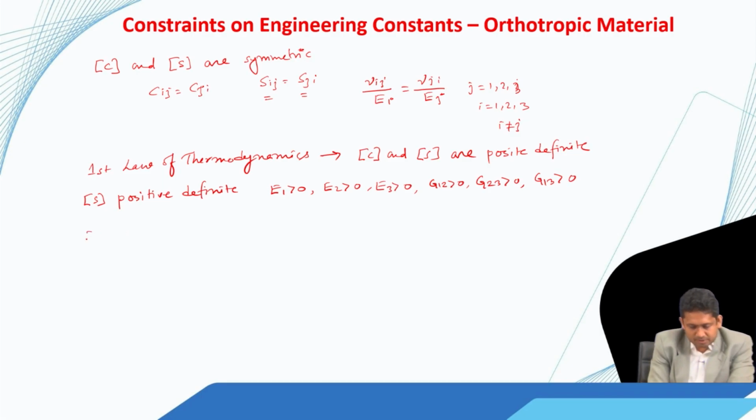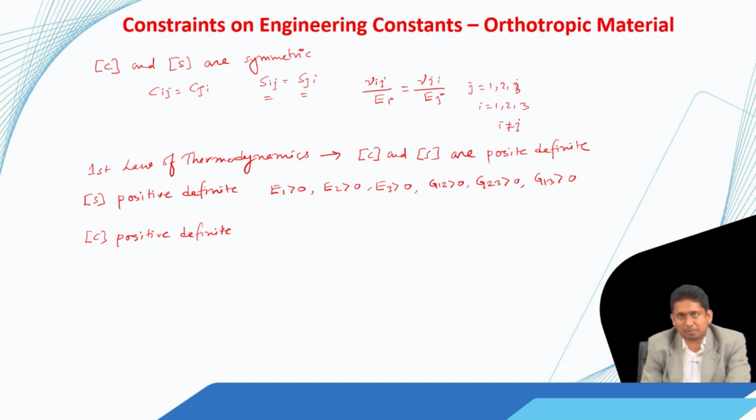Now, C is also positive definite, and the diagonal terms of C contain the elastic modulus and Poisson's ratio, and we have already seen that each of these elastic moduli is greater than 0.